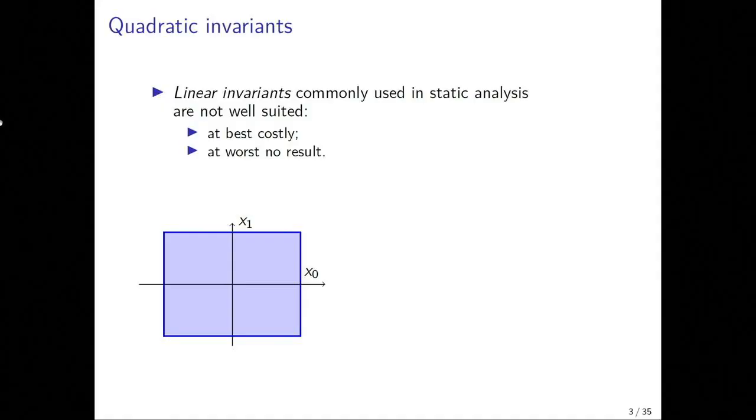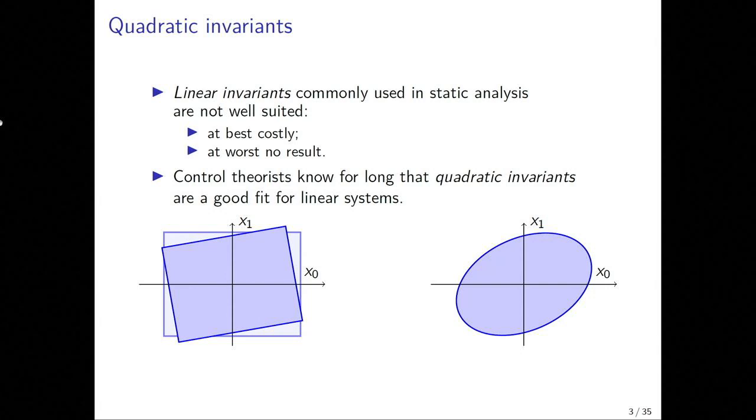For instance, here is a very simple linear invariant, just a box. We have two variables, x0 and x1. We bound them, and we apply some linear transformation, a small rotation followed by a scaling of a factor a bit less than 1, so it should be contracting. But here in the corner, it's not stable. Control theorists know that a good solution for this kind of linear system is to use an ellipsoid.